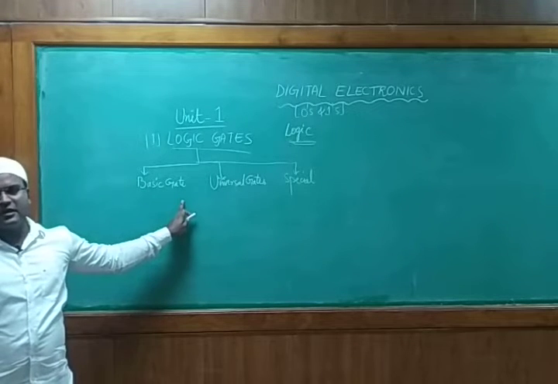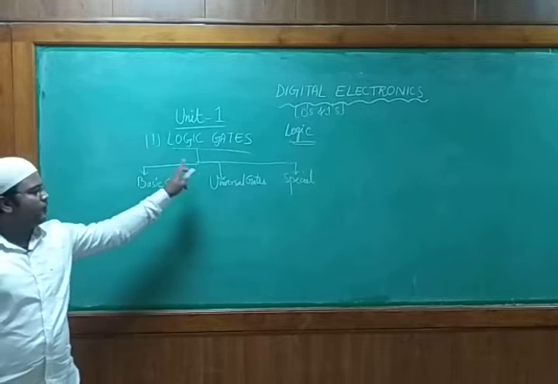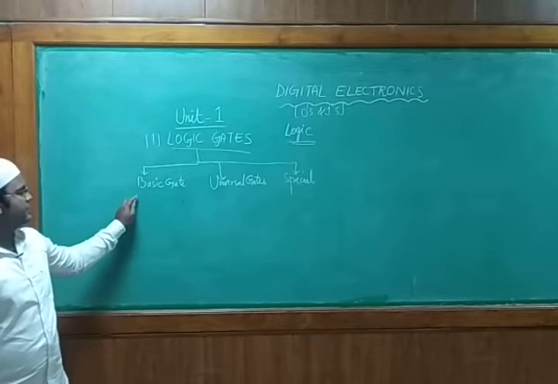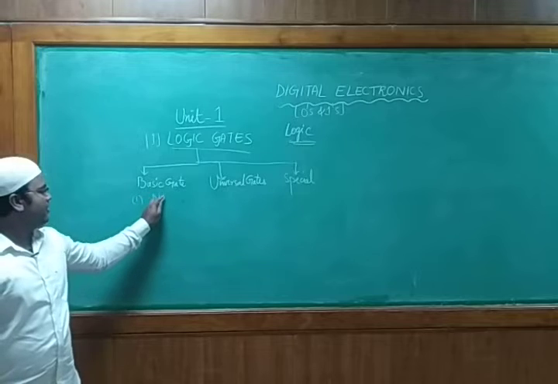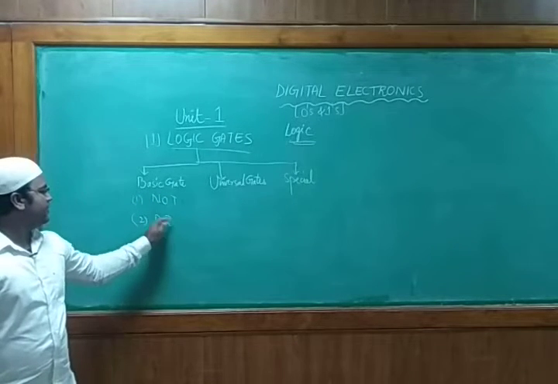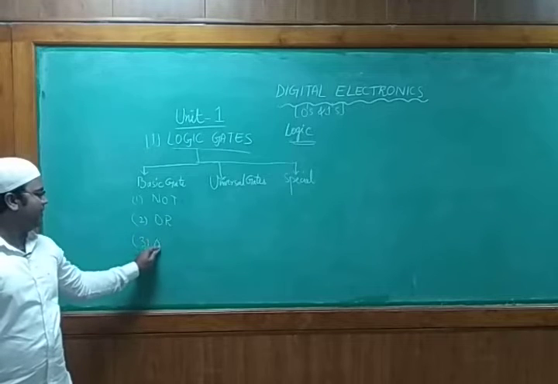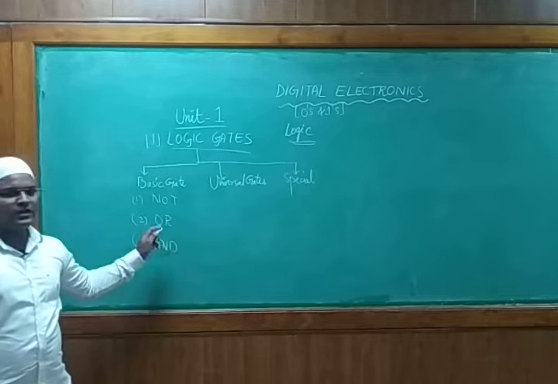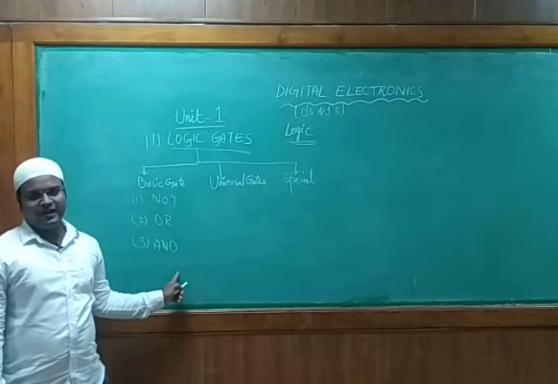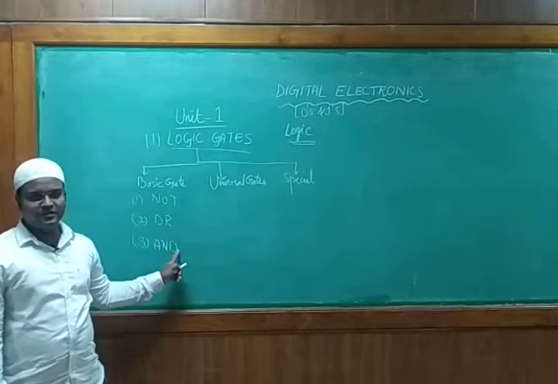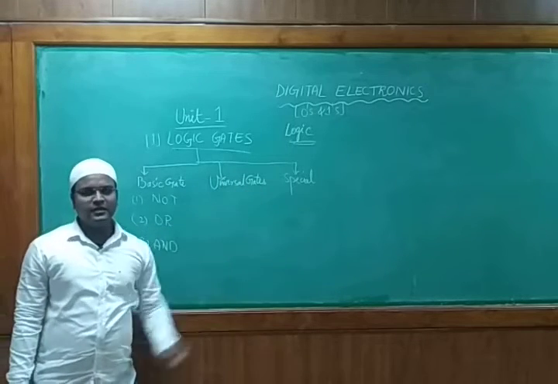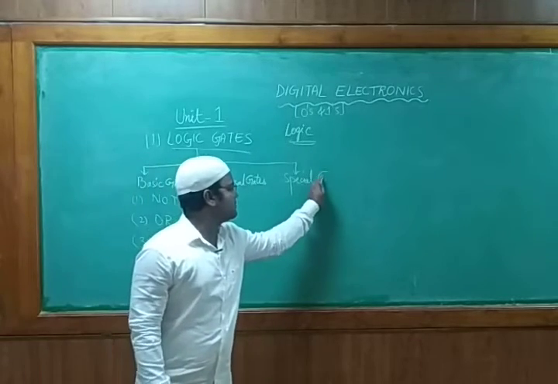The basic gates are the ones which decide the hardware designing part we need to consider. For example, the first one is the NOT gate, the second is the OR gate, and the third is the AND gate. So we are considering these three gates: NOT gate, OR gate, and AND gate. By taking these three gates, we further implement universal gates as well as the special types of gates.